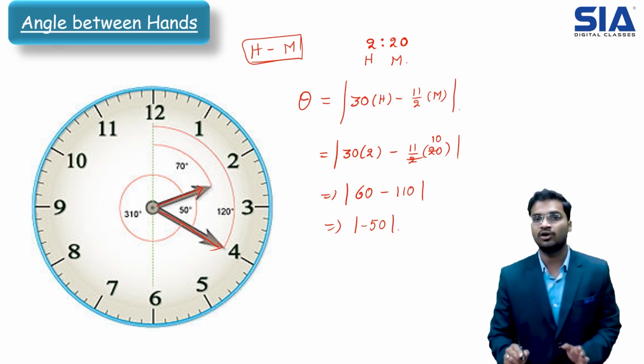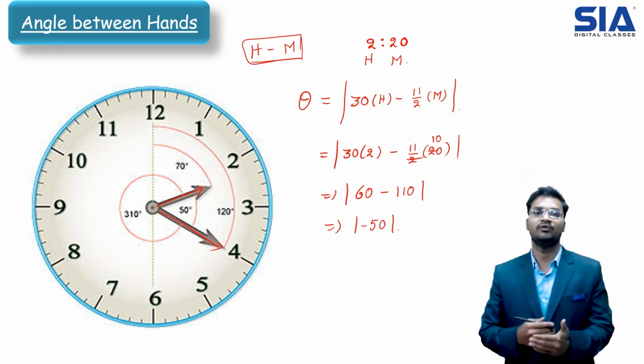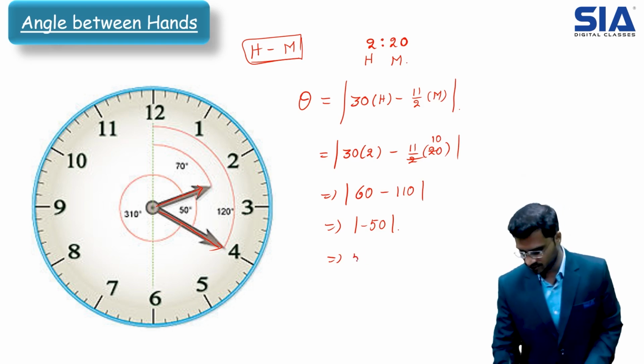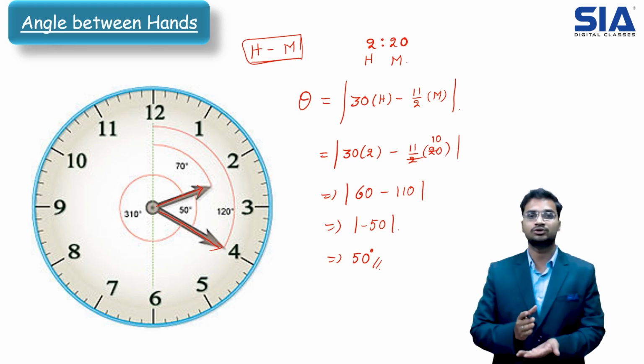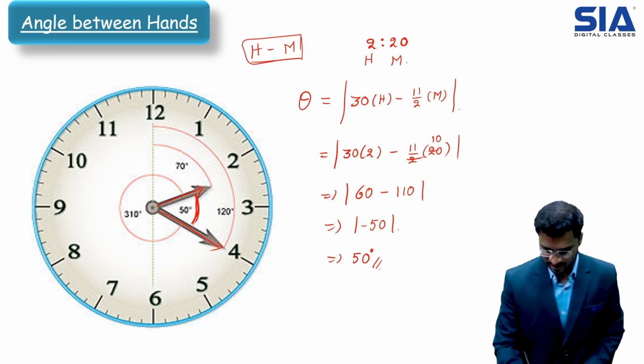The function of modulus is that whenever a value is negative inside the modulus, we have to write it as positive. So the modulus of minus 50 becomes 50. The angle between the hours and minutes hand when the clock shows 2:20 is 50 degrees. So our answer is correct.